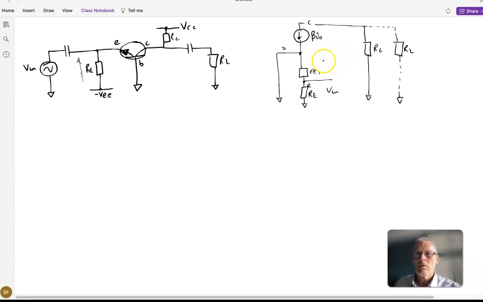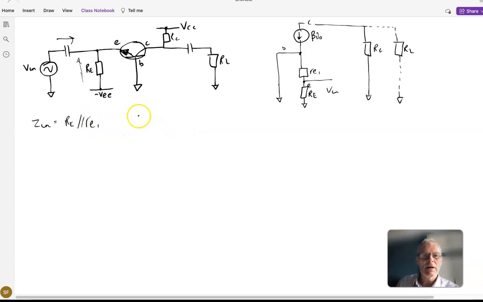So, what can we say about this circuit arrangement? Well, if we consider what the source sees looking in, what we're going to do now is derive the Z in. Then we can see that what V in actually sees is this big RE resistor to 0, and also this little RE1 in parallel to 0. So we can say that that is RE in parallel with little RE.